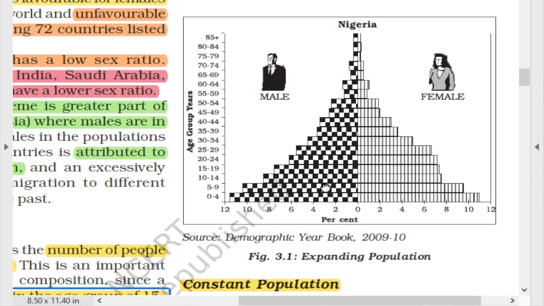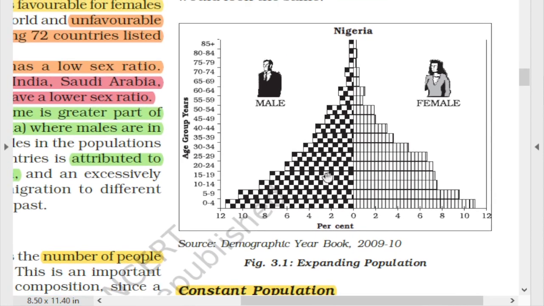In this graph, if you see, the bottom of the pyramid is expanded and the top shrinks. The upper part shows the number of old people, and the lower part shows the number of people in the young population.